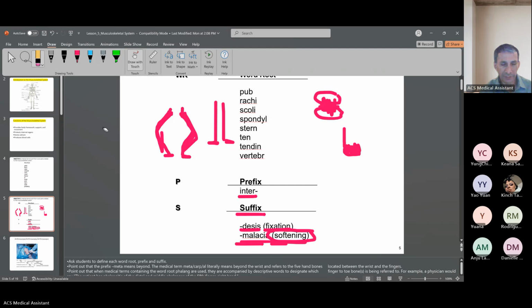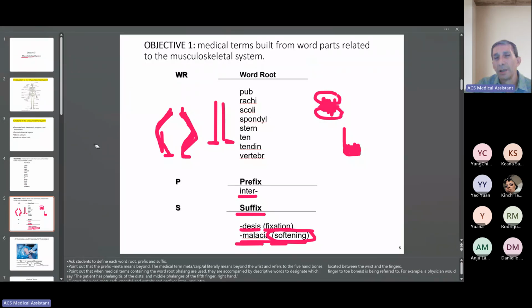Got it? Okay. So see you then. All right. 7:25 to 7:30. Let's put it 7:25, but if you get a little caught up doing something, 7:30 is just fine. Got it? See you then. Enjoy.